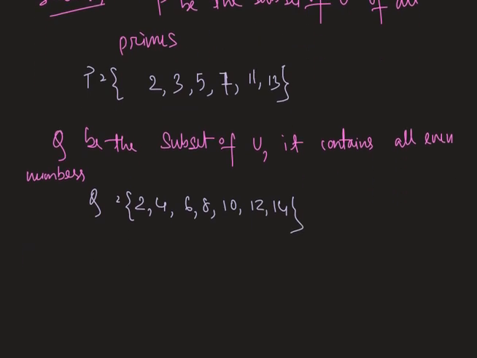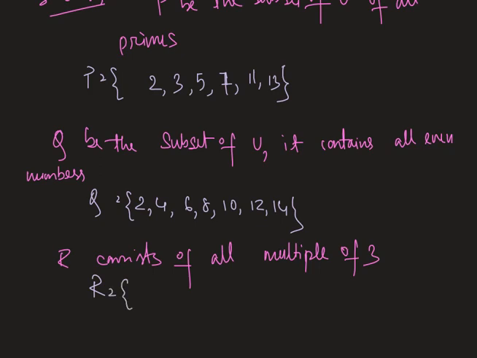And lastly, R consists of all multiples of 3. Therefore, R has 3, 6, 9, 12, and 15.